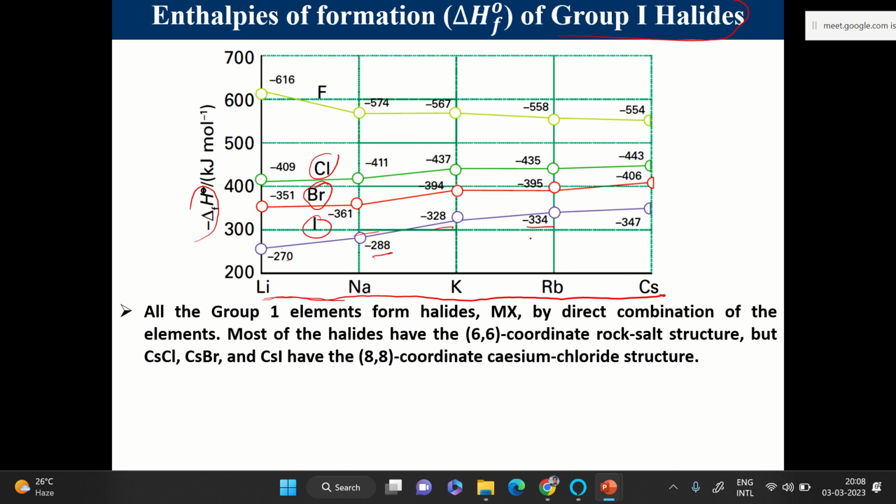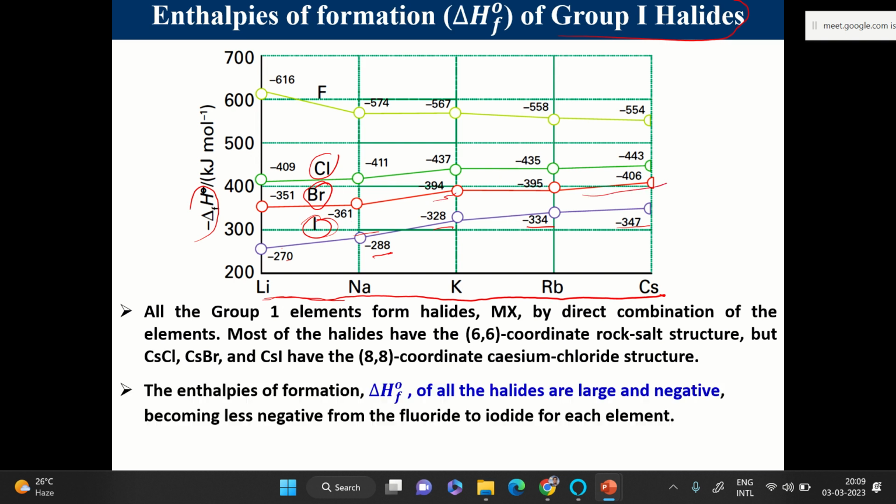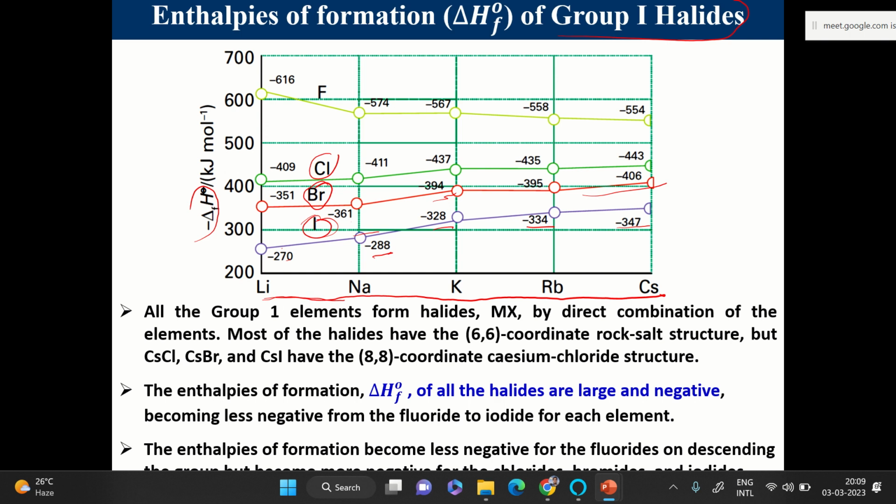The amount of energy released, the enthalpy of formation, goes on increasing as you move from left to right, keeping the halide constant. Bromide ion, see, minus 315, 360, then it is going on like this. So how do you explain this?